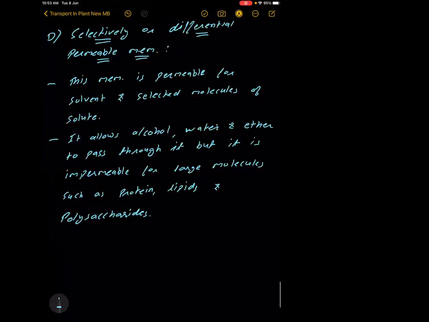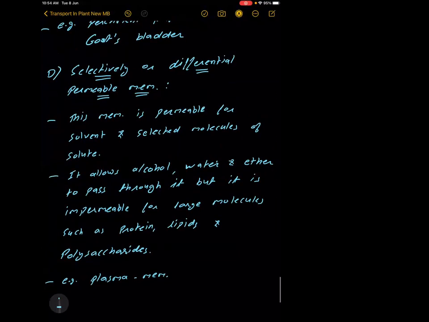So the example is the plasma membrane. Plasma membrane or cell membrane is the selective permeable membrane.